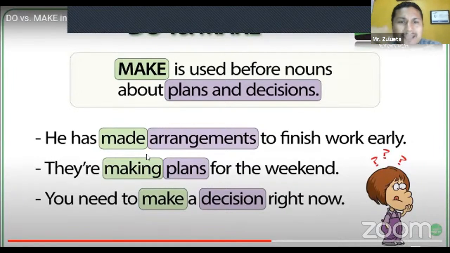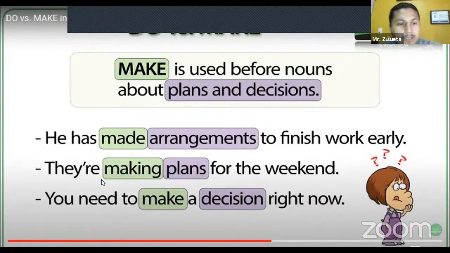It's basically make a decision, okay? Make a decision, make up your mind. This is an example that English native speakers use to basically let the person know to hurry up. All right, so make a decision, make up your mind. Which one do you want or what do you want?